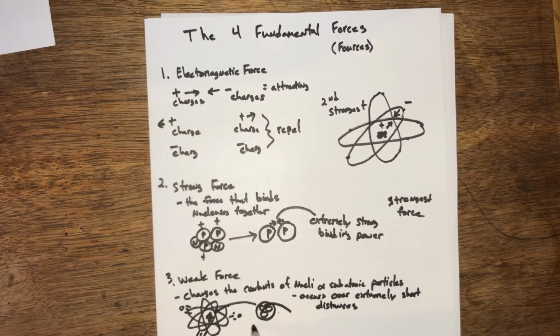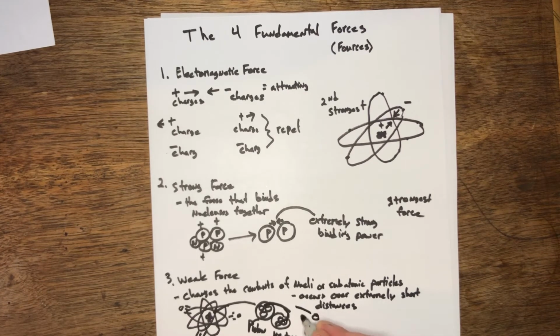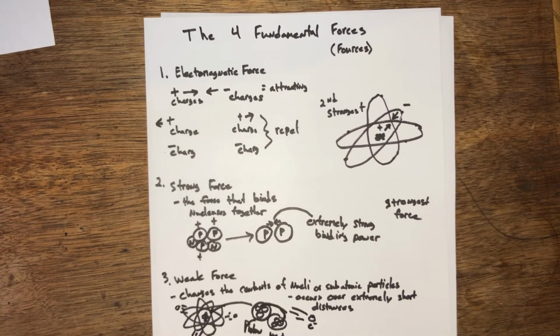So we'll say this is a proton, we'll say this is a neutron. Sometimes a proton can turn into a neutron, or at least some of its constituent particles can change, and then when that happens, you might get a piece of radiation flinging out. For now, all we need to know is that it would be an electron.